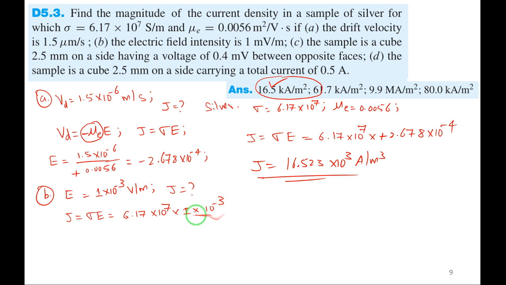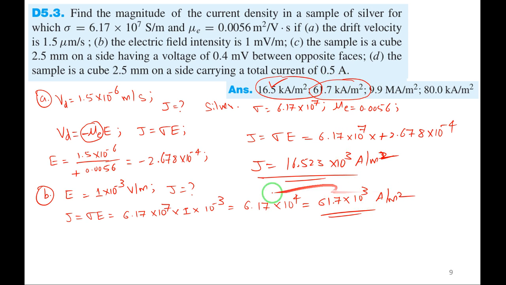Is it fine? So 6.17 into 10 power 7 minus 3, 4. 10 power 4. If I want textbook answer, I can write it as 61.7 into 10 power 3, right? 10 power 3 amp per meter square. Okay. 61.7 kilo. Kilo means 10 power 3 amp per meter square.